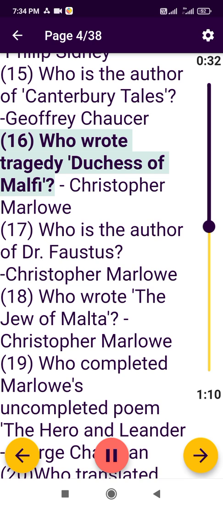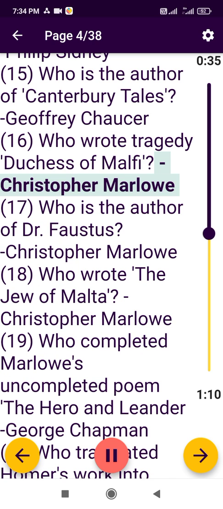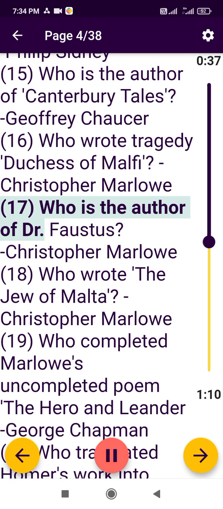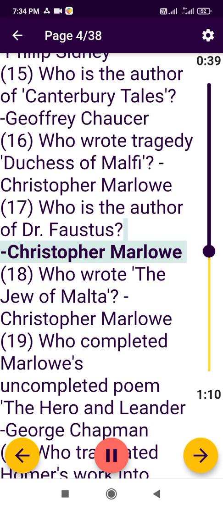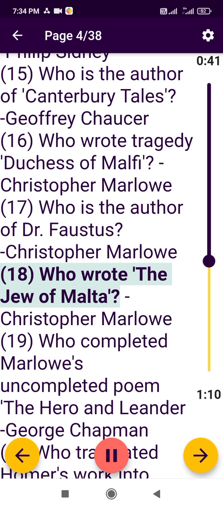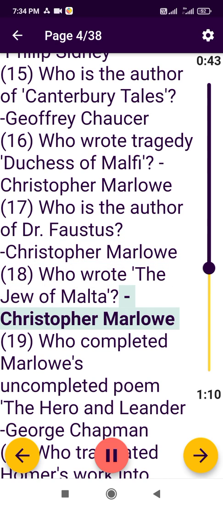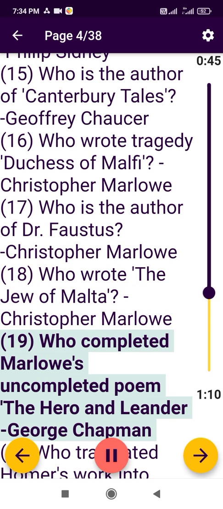Who wrote the tragedy Duchess of Malfi? Christopher Marlowe. 17. Who is the author of Dr. Faustus? Christopher Marlowe. 18. Who wrote The Jew of Malta? Christopher Marlowe. 19. Who completed Marlowe's uncompleted poem, Hero and Leander? George Chapman.